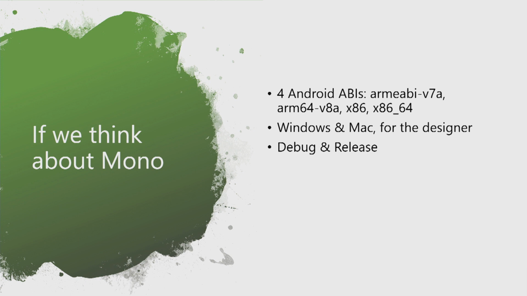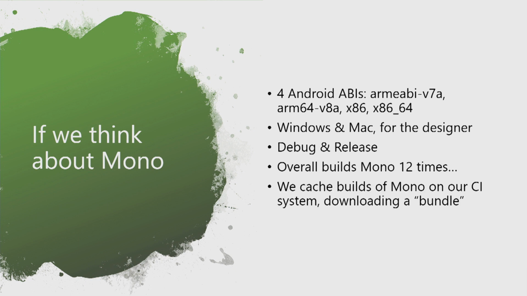And we build them in debug and release. So that's 12 Monos. That takes a while, like hours. So we don't want to do that, especially when you're developing Xamarin Android. We cache builds of Mono on our CI system, and we download this zip file and unzip it, if you want to think of it that way.